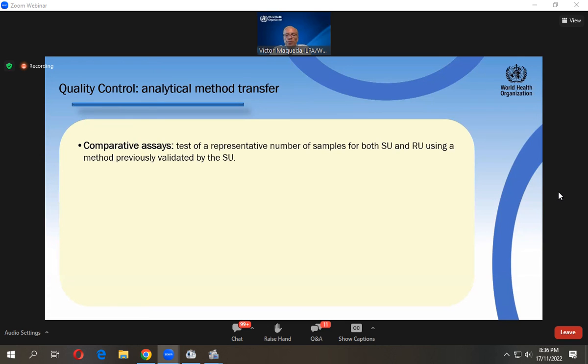Basically, what we are going to do is to test a representative number of samples for both sending unit and receiving unit using a method previously validated by the sending unit. So this is important to highlight, previously validated by the sending unit. So this approach, number one, which is the most common one, requires full validation by the sending unit.